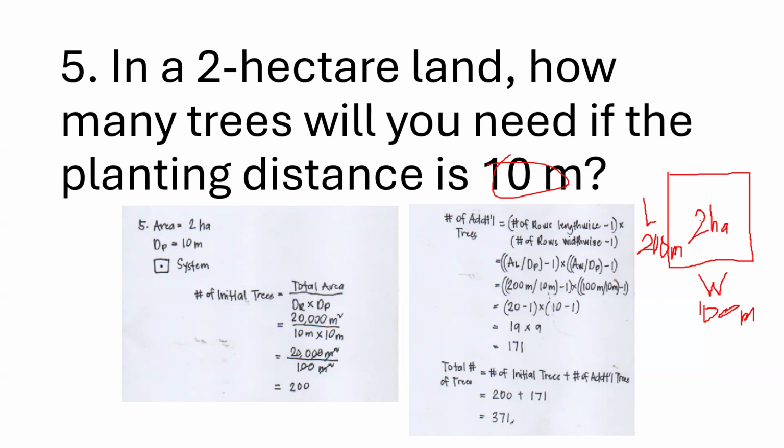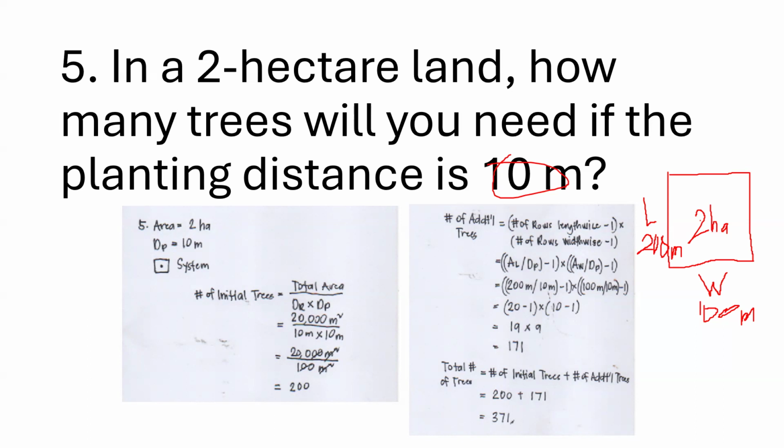The quantity, bring down natin si minus 1. Then times width ng ating area. Ano yung width natin? 100 meters. Then divide natin sa distance of planting, which is 10 meters. 100 meters divided by 10 meters. Close parenthesis. Bring down si minus 1.